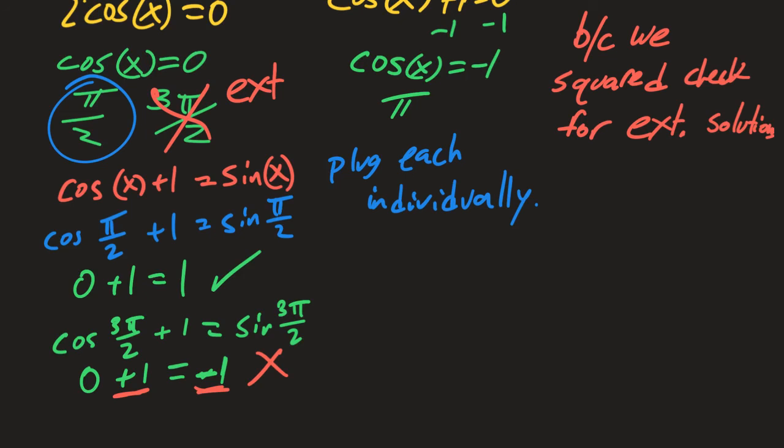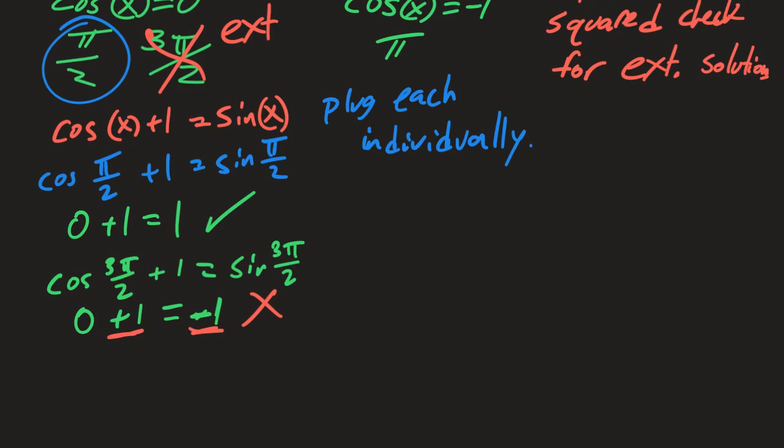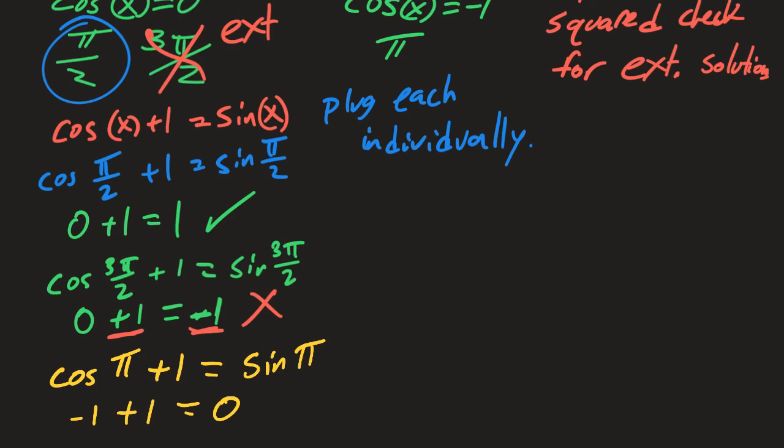So we're going to go ahead and do the same equation, and this time we're going to test pi. So we've got cosine of pi plus 1 equals sine of pi. So cosine of pi is going to be -1. We're going to add 1 to that, and we should get 0, which is sine of pi.